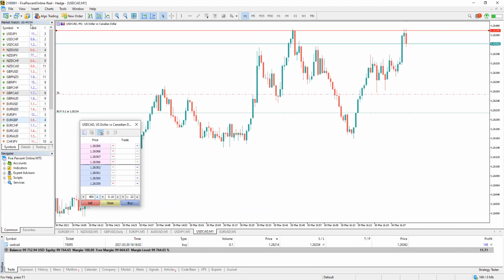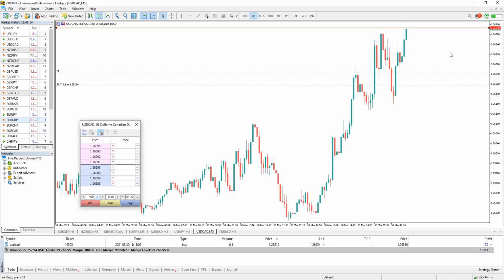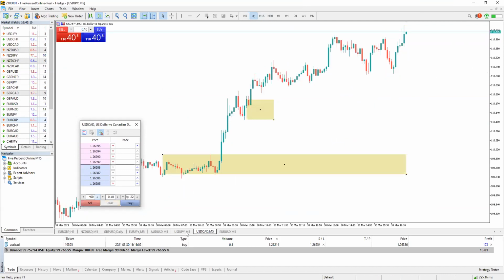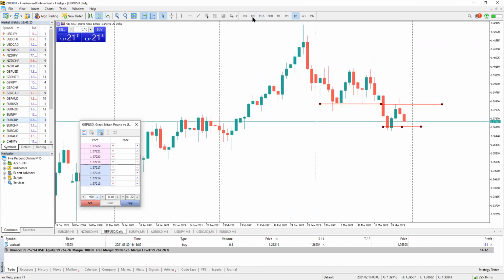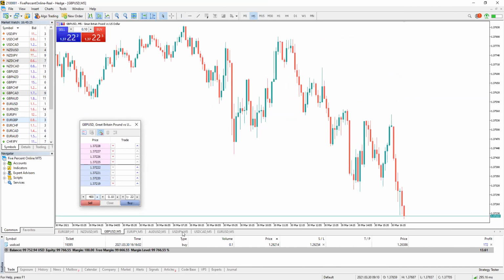We have 5 more seconds. Okay, that's a sign that the sellers are there. So we might see the break, but we might also see this market just start ranging right here. Let's see if other pairs break. What are they doing? Yeah, pound broke.